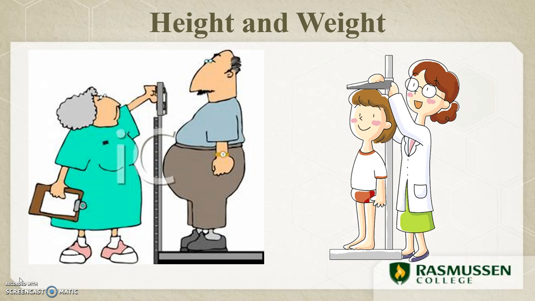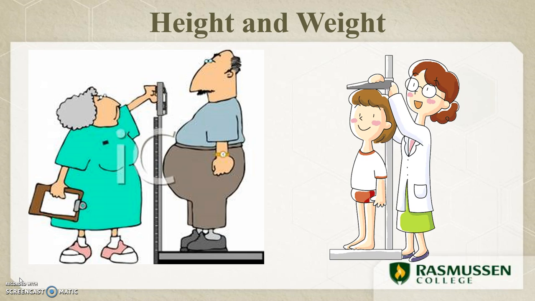This should be done in a private area to make the patient feel more at ease about having it done. Always have the patient remove their shoes and any heavy outerwear if possible. If the patients refuse to remove the items, make sure that you document in the chart that they were left on. And also, when you document the weight, it is always written in pounds.